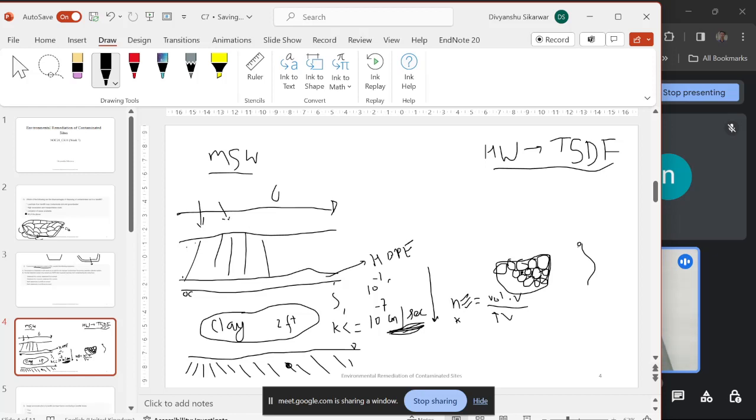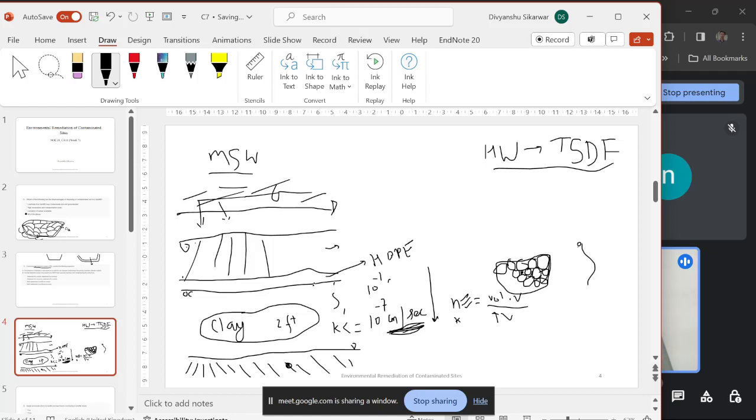It has very high permeability, more than sand. So it will stop the bigger particles, but it will allow the leachate to travel below. This is the stratification for the single composite layer, and above here we have waste.